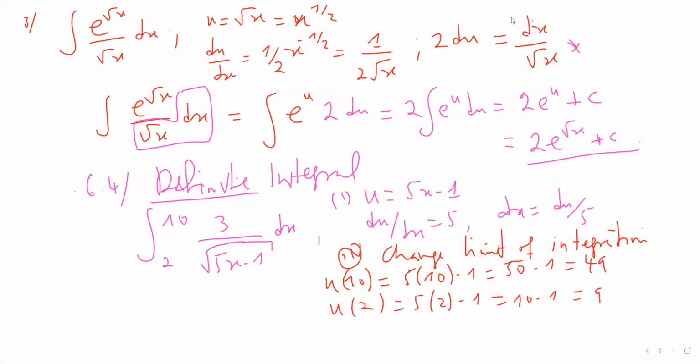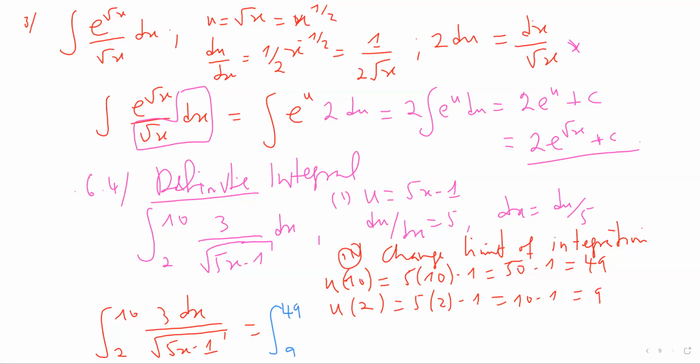So now we can rewrite our whole equation, the integral from 2 to 10 of 3 ds over square root of 5s minus 1, to be equal to the integral from 9 to 49, right?